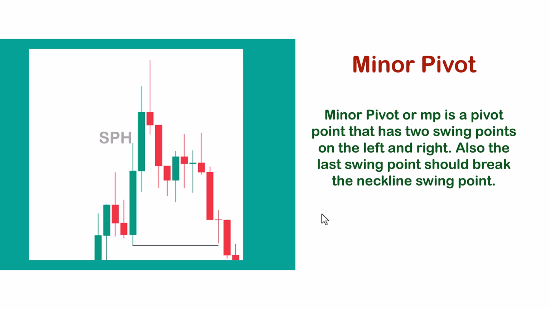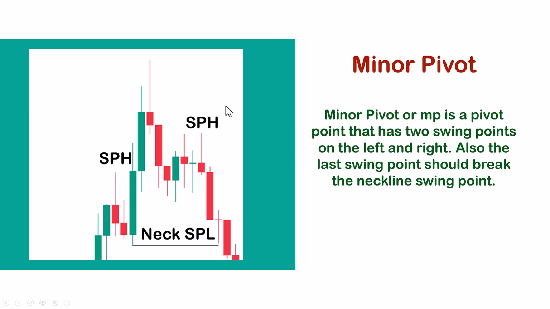For example, here we have our swing point high, and we have another swing point high here, and we have our swing point low which broke the last swing point high and made the highest high, or higher swing point high, here. When the swing point low gets broken, we have our minor pivot.